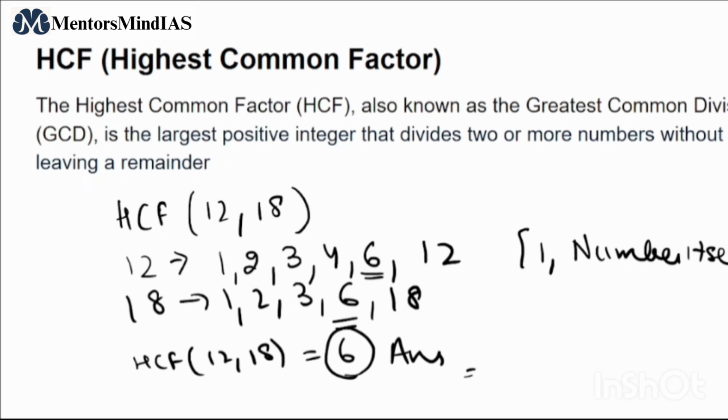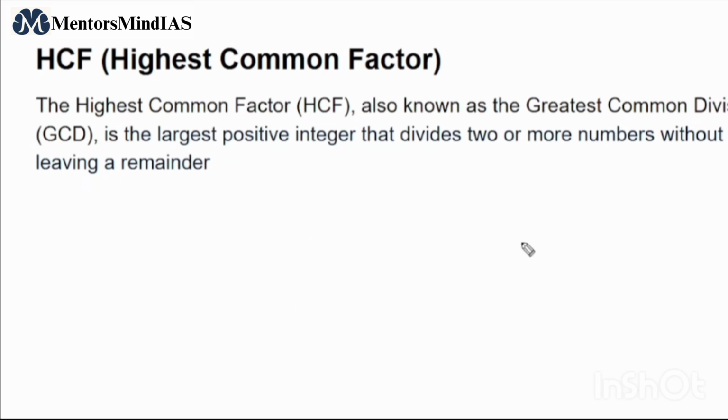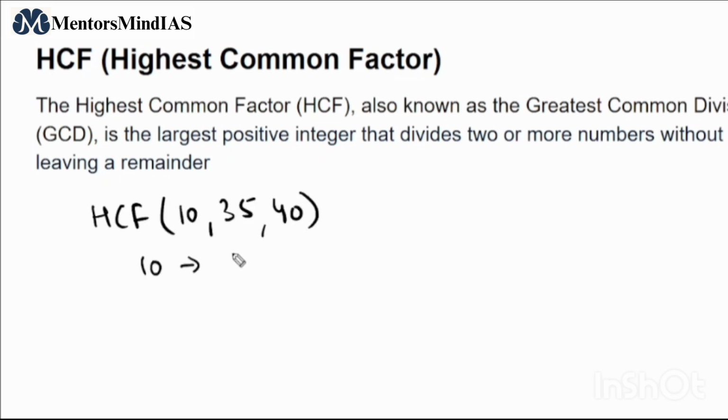If you have to find it for three numbers, say you have to find the HCF of 10, 35 and 40. Again you are going to write the factors. For 10: 1, 2, 5, 10. For 35: 1, 5, 7 and 35.